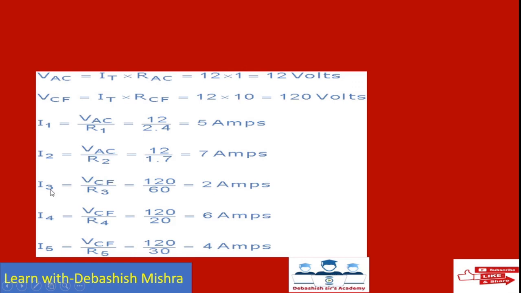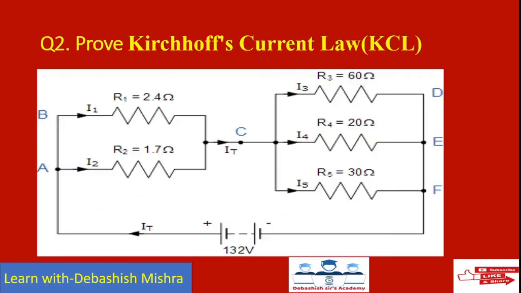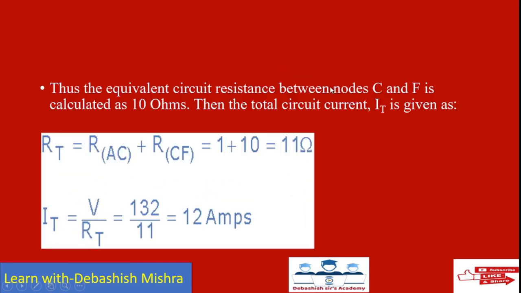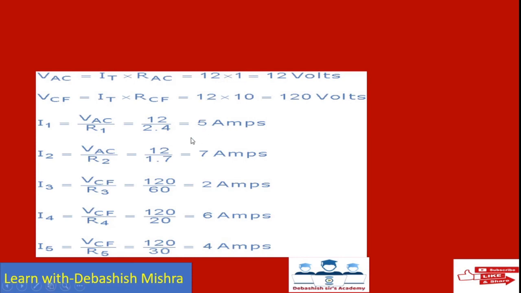For I3, this is your I3, VCF divided by R3, 120 divided by 60, it is 2 ampere. I4 is VCF by R4, 120 by 20, it is 6 ampere. I5 will be VCF by R5, 120 by 30, it is 4 ampere.